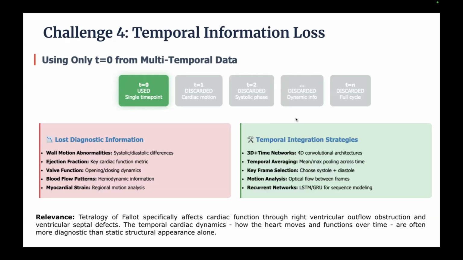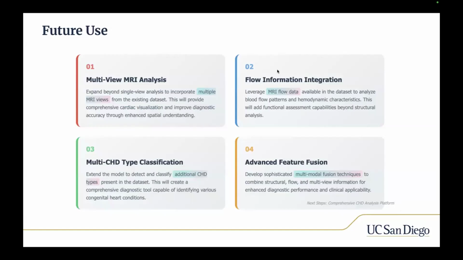So yeah, I think finally, maybe we can use some sequence modeling or recurrent models that add a temporal axis as well. This last slide is mostly future use, once we are able to get a better model for this data set specifically. The data set from Cardiac Atlas involved a couple of patients who had flow data as well that they had recorded.